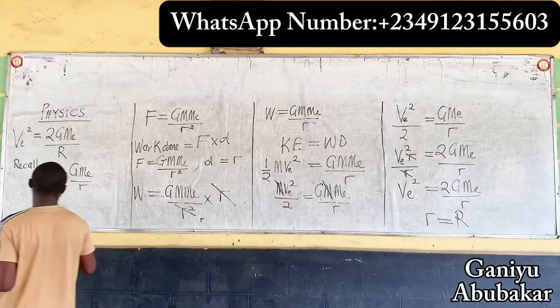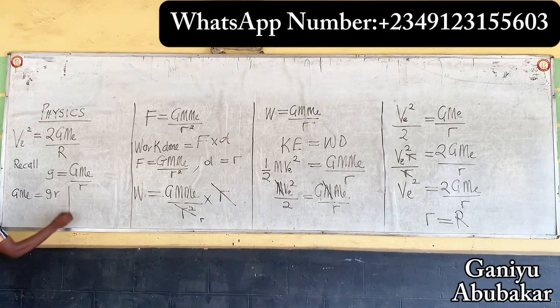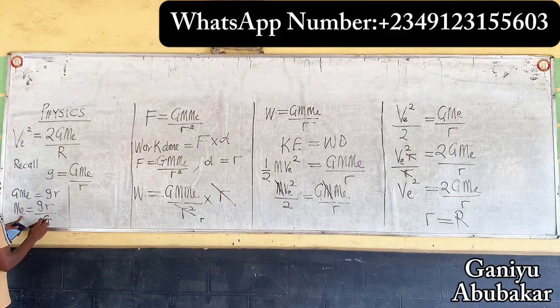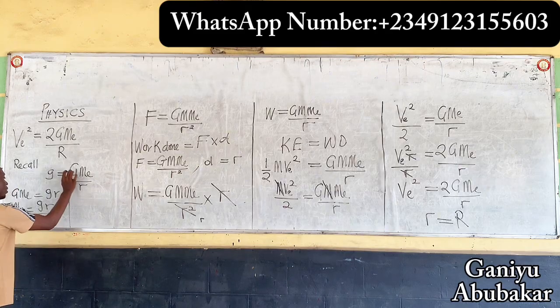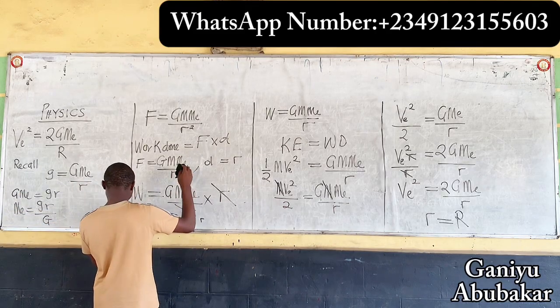So here's the concept now. I'll make Me subject here. Making Me subject, I'll have that gR squared equal to GMe. Make Me subject, Me should be equal to gR squared over capital G. From here now, anywhere I see Me here, I'll put gR squared over G. Proceeding from there.